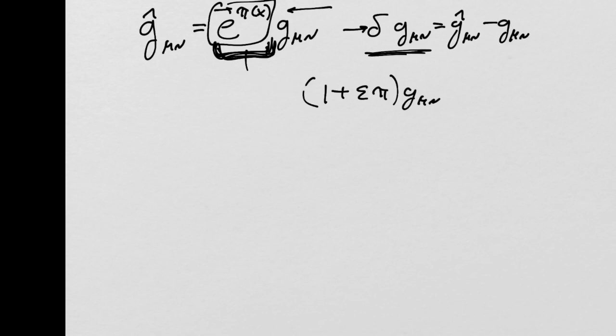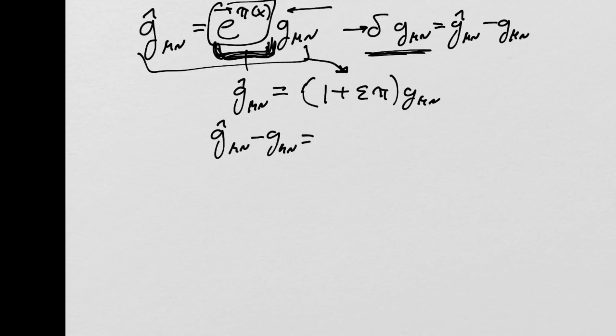And what that's telling me is that G hat mu nu, the infinitesimal transformation, looks like this. Then it's pretty easy to write G hat mu nu minus G mu nu, and that becomes epsilon pi G mu nu.